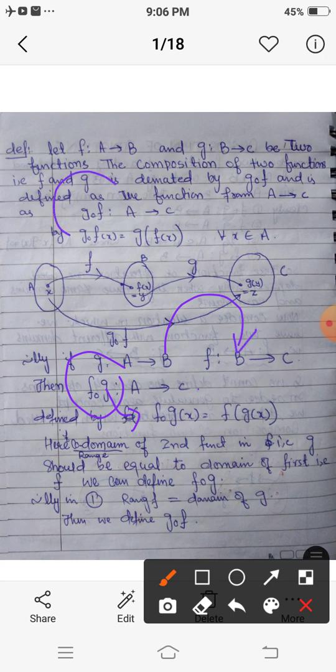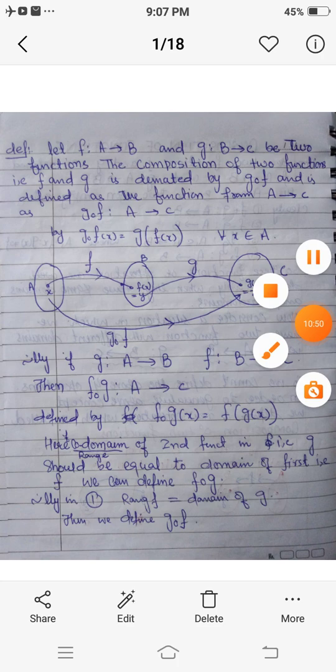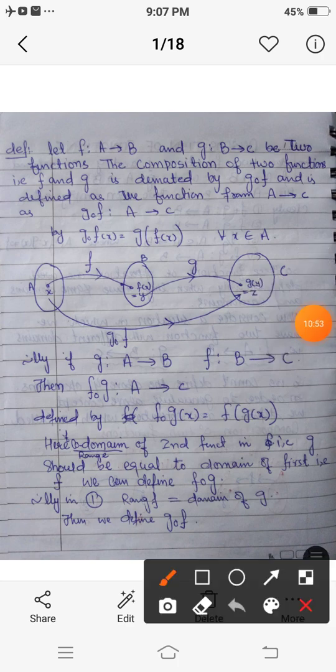In gof, the domain is A, the domain of the first function, while its codomain is the codomain of the second function, because the codomain of g is C. In fog, the domain is the domain of g, while its codomain is C. In this way you can define fog and gof.